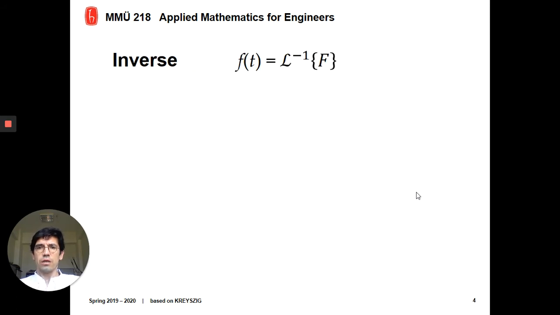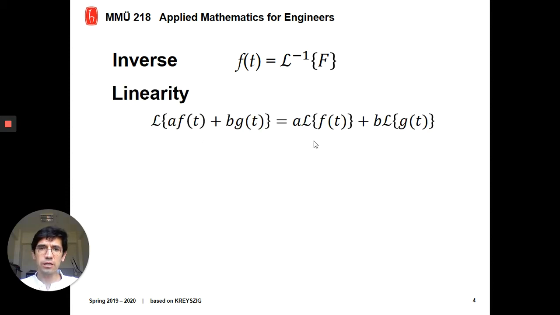Okay. So the inverse is defined. If I'm given the capital F, which will be the case in our ordinary differential equation solutions, that will definitely be needed, because I'm going to go through the forward transformation and then the backwards transformation, and the backwards transformation is defined, and you will get your original function f of t in the inverse case.